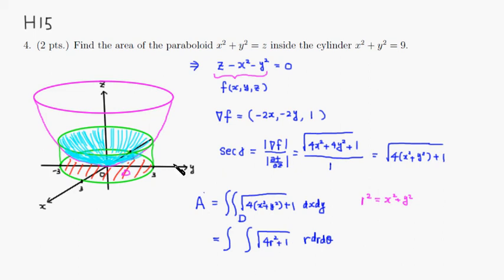Polar coordinates are easy to set up: fixing theta, r goes from 0 to 3, and theta goes from 0 to 2 pi to cover the entire disk.